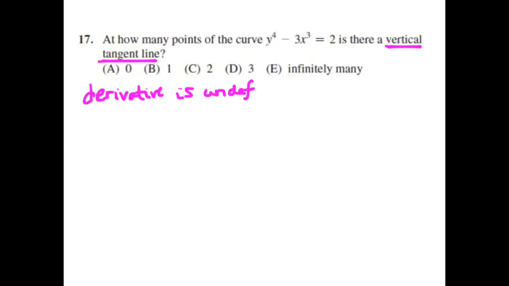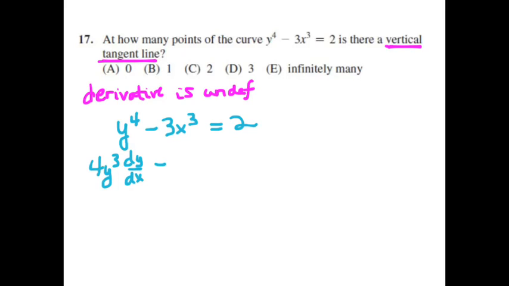That's what we're looking for here, wherever the derivative is undefined. And so since I'm looking for an undefined derivative, I should probably find the derivative first. So I'm just rewriting my curve here. The derivative of y to the 4th would be 4y cubed dy/dx, minus the derivative of 3x cubed, which would be 9x squared, equal to the derivative of 2, which is 0.